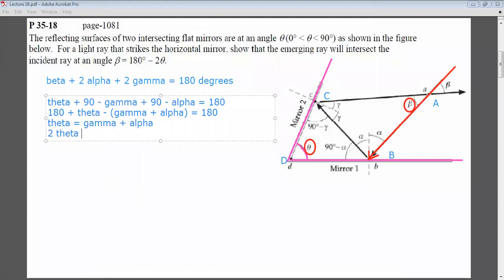2 theta is how much? 2 theta is 2 alpha plus 2 gamma.